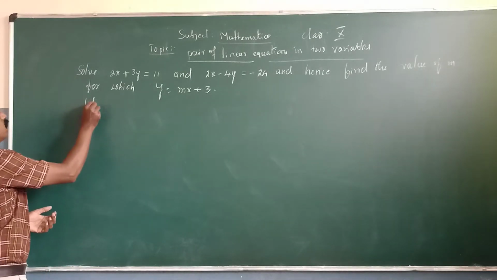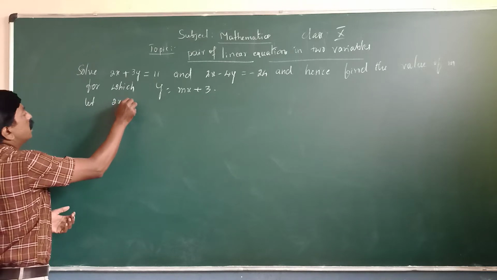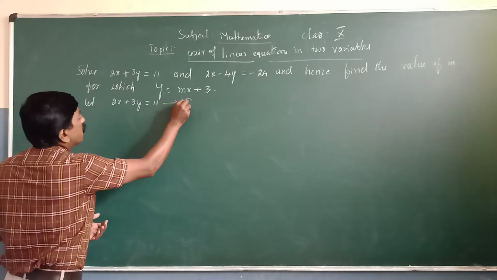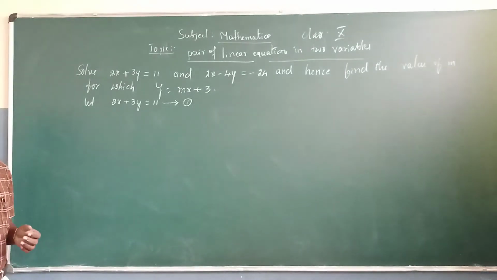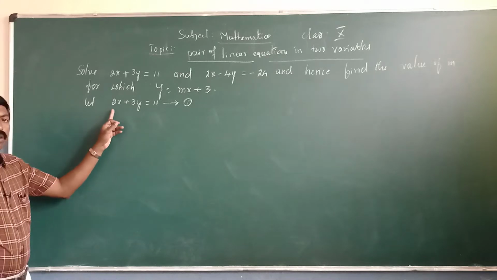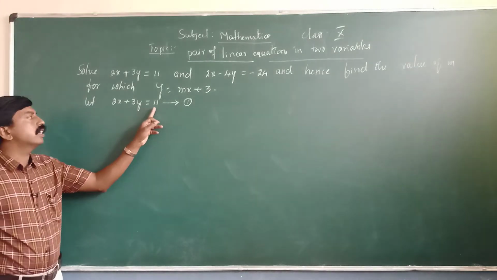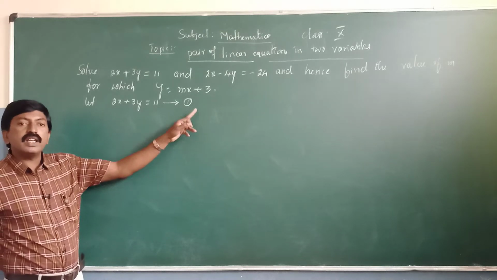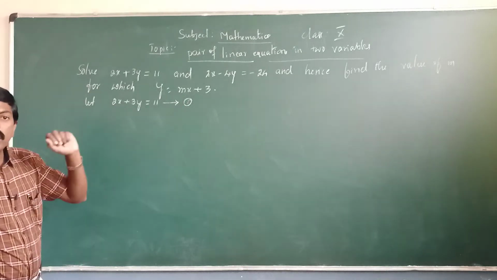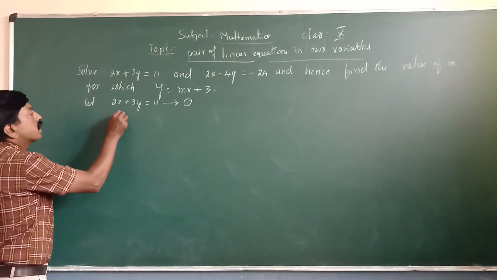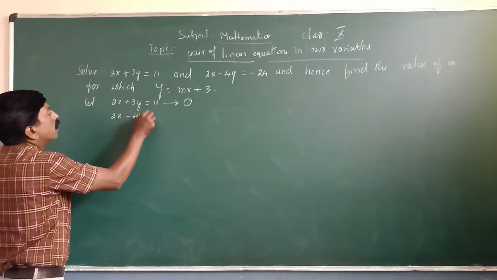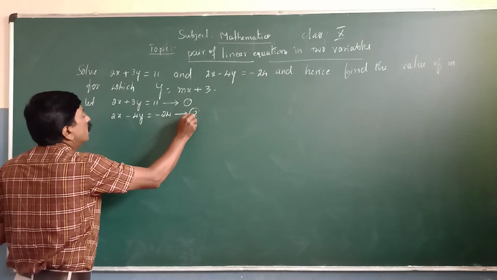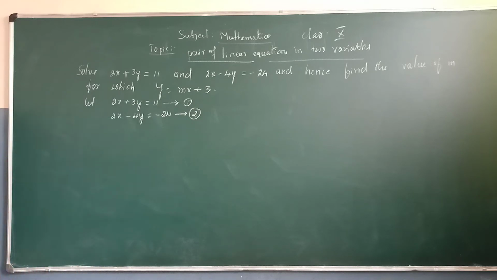Let us take 2x plus 3y is equal to 11. Call this equation 1. Now let us take the other equation, 2x minus 4y is equal to minus 24. Call this equation 2.